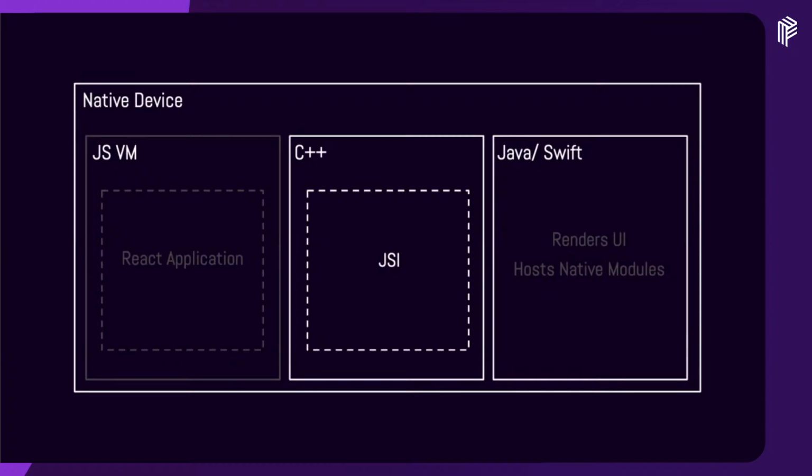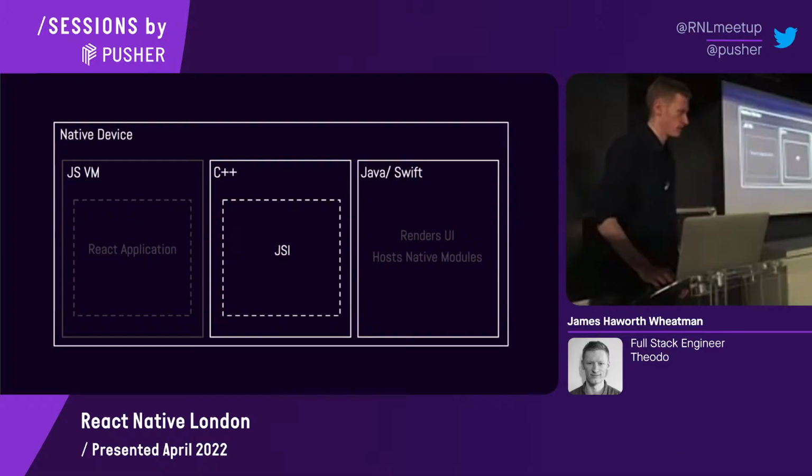The reason being that this is its own API, and all of the communication that happens between the React application and the C++ side of things is now going to go through the JSI. We discussed Hermes a bit before, which is a new JavaScript engine optimized for React Native. And I think React Native are going to be pushing this a lot more as they move towards using the JSI and away from the bridge.